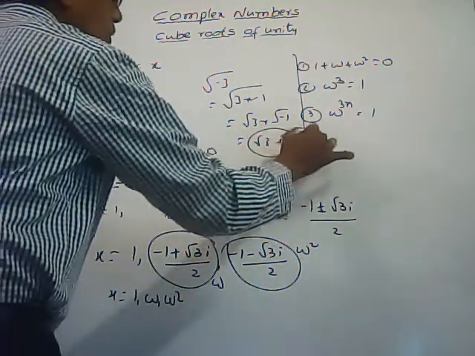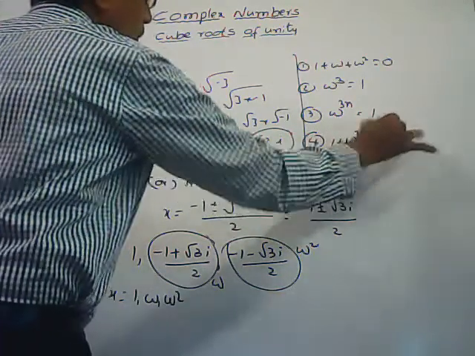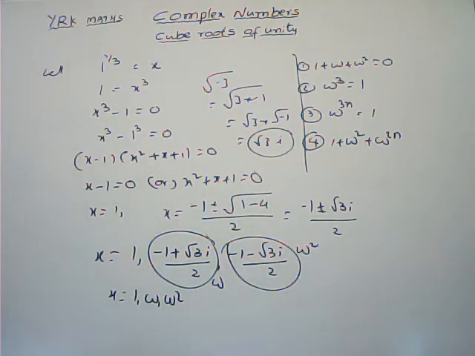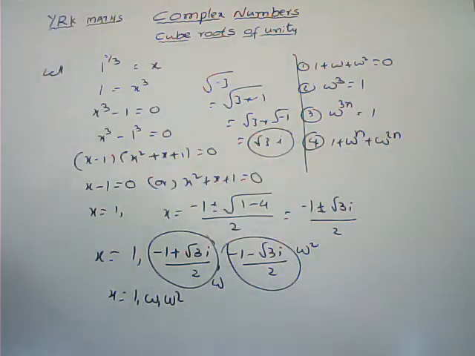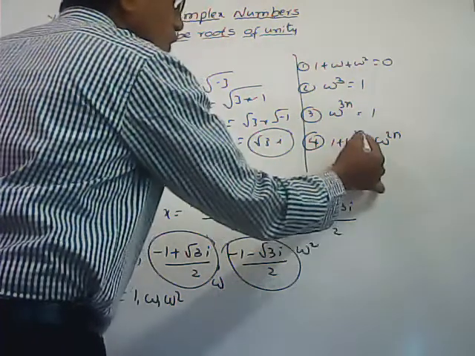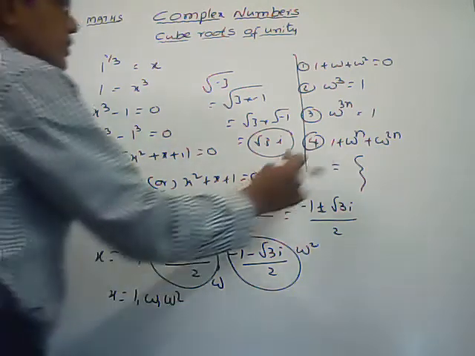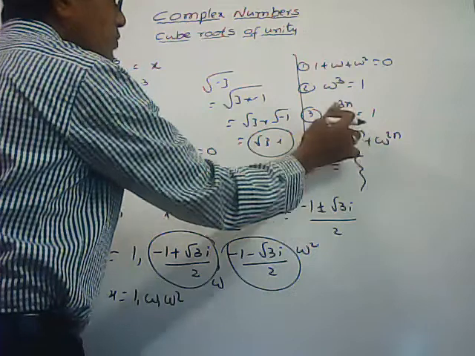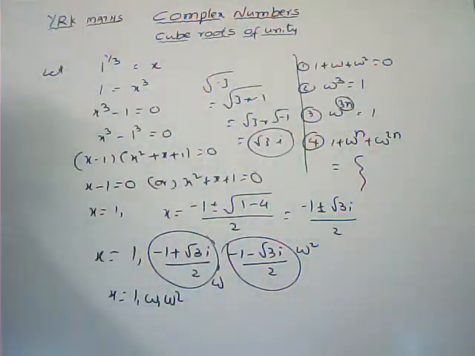Now 1 plus omega power n plus omega power 2n: if n is a multiple of 3, then this one becomes 1, this also becomes 1, since omega power 3 into n is 1. If the power of omega is a multiple of 3, simply we write 1.